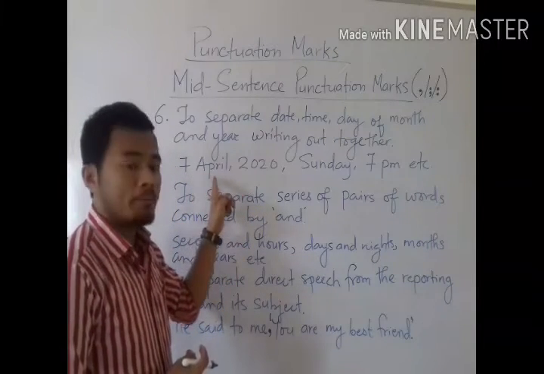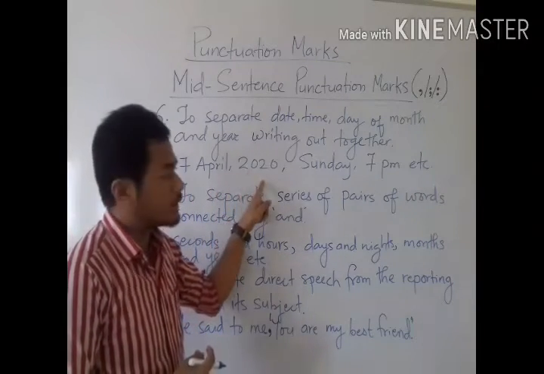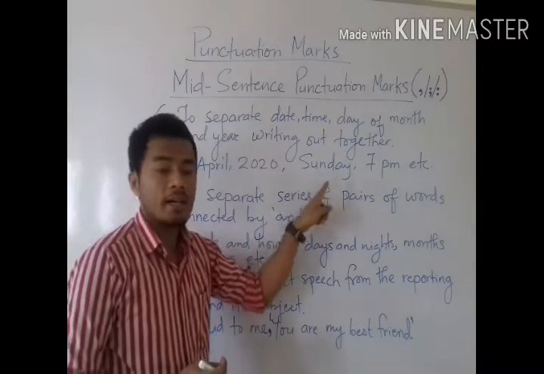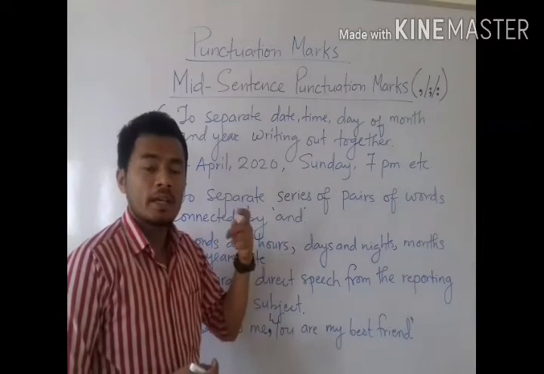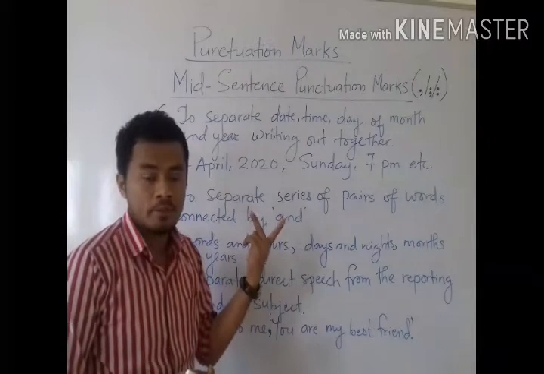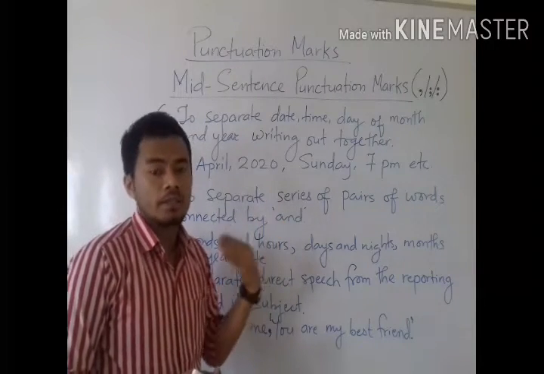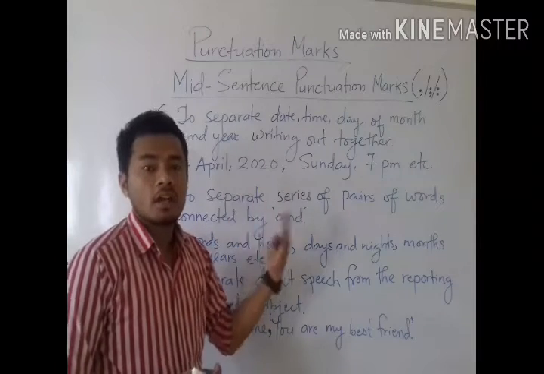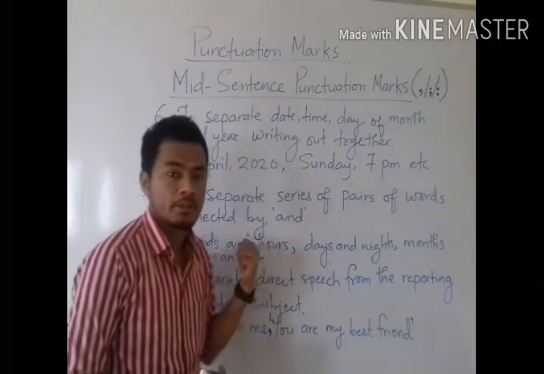Like 7th April, comma 2020. Like Sunday, comma 7 p.m. This way, these two concepts that give us the idea of date or time, month or year together, we use comma to separate those concepts.